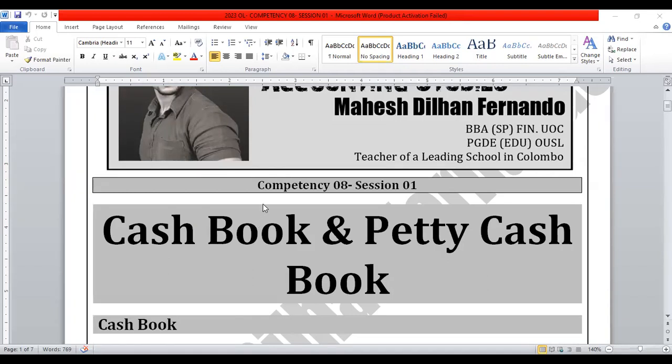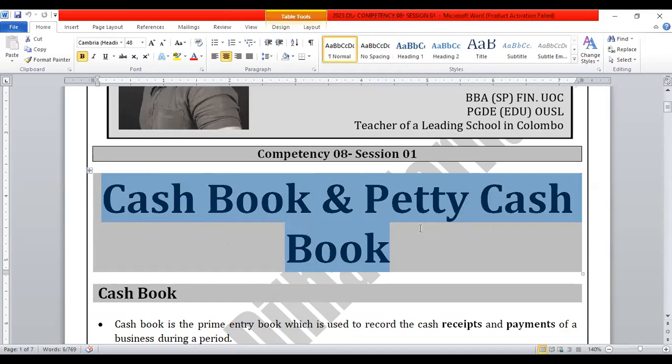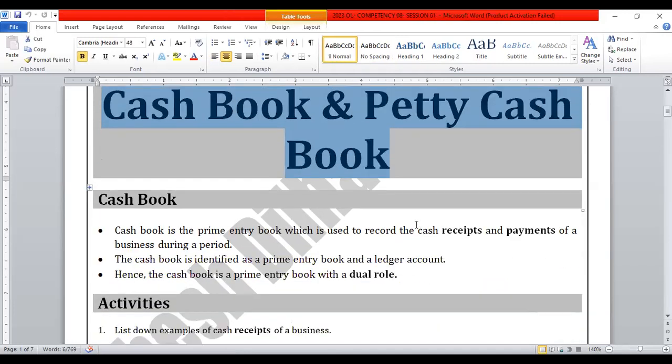It is a little bit lengthy lesson as we have to discuss two primary books, as you can see, the cash book and the petty cash book. Today also I'm ready with a very beautiful and colorful presentation.